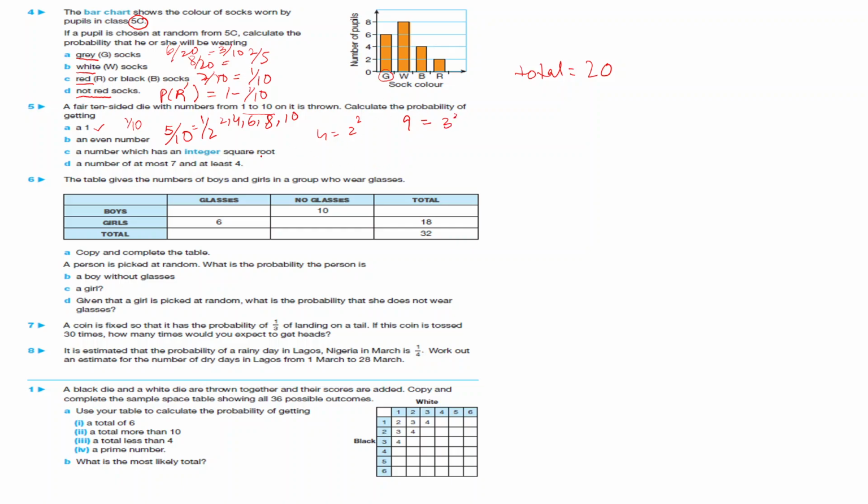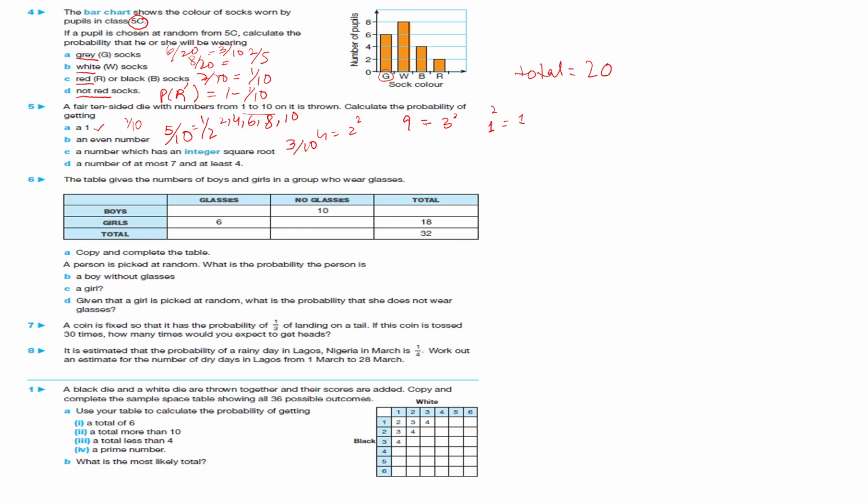So how many numbers are perfect squares? 1 is always a perfect square, right? So 1 squared is equal to 1. So from 1 to 10, how many are there? 1, 2, 3. There are 3 such numbers. So 3 out of 10 should be the answer for this question.